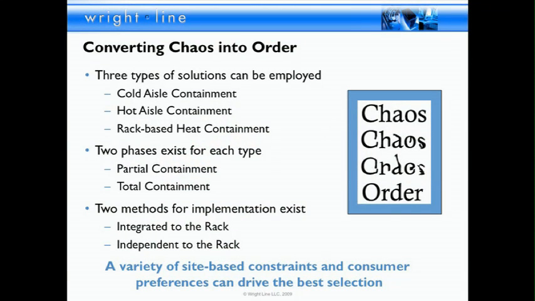Well, containment can obviously help with all of these things, and I'm sure you've heard about a variety of different containment strategies. The way we like to look at it is there's really three types of containment that you can deploy. I'm sure you've heard a lot about cold aisle containment, hot aisle containment, or rack-based chimney containment. Normally, you can deploy that in a couple of different phases.